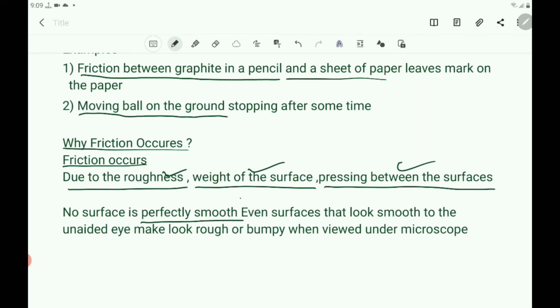Even surfaces that look smooth to the naked eye may look rough or bumpy when viewed under a microscope.